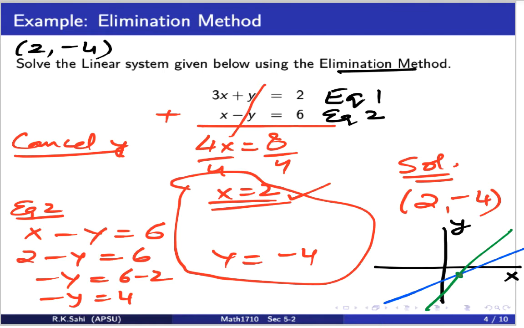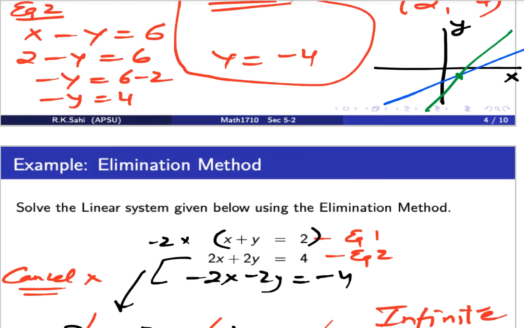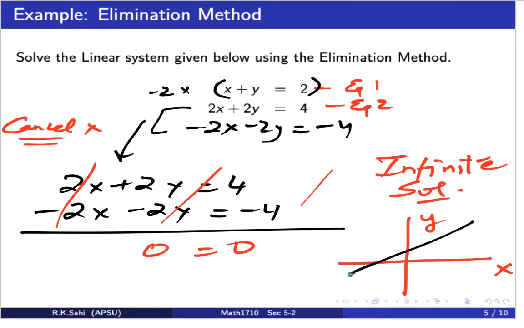So this is the point where they will meet. When you have a unique solution for a linear system, the lines of these two equations will crisscross each other at a meeting point. And when you have infinite solutions, guys, there is only one single line.